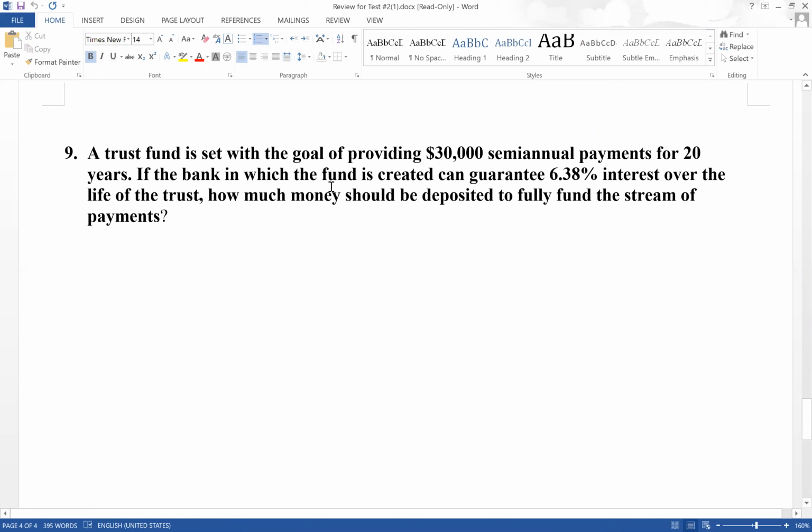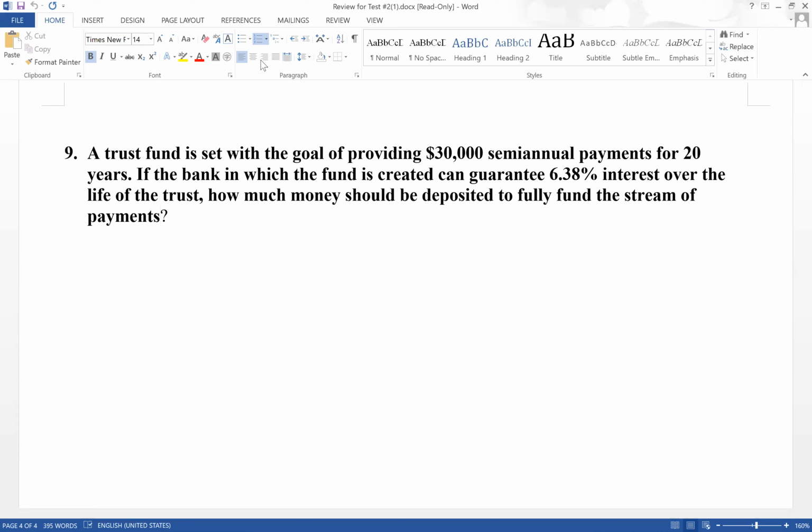If the bank in which the fund is created can guarantee 6.38% interest over the life of the trust, how much money should be deposited to fully fund the stream of payments right now? So the question is how much money you have to put into the trust fund right now. This is the present value of the annuity issue.